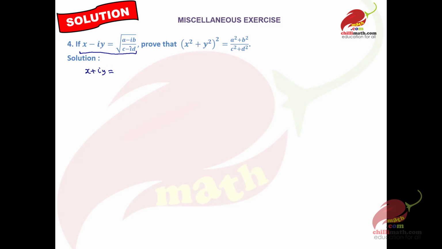On both sides we change iota to minus iota. We'll get a minus iota b over c plus iota d, under root. We mark this equation number 1 and this as equation number 2, and let's operate 1 into 2.